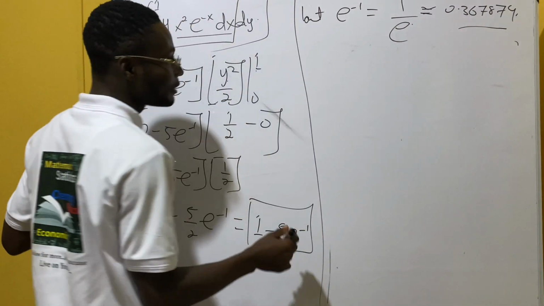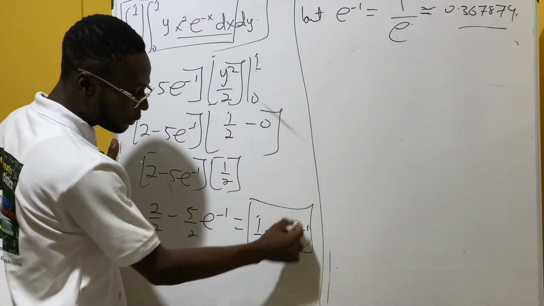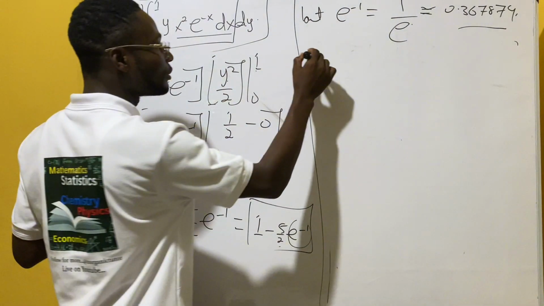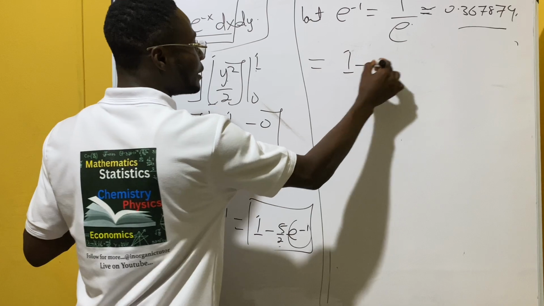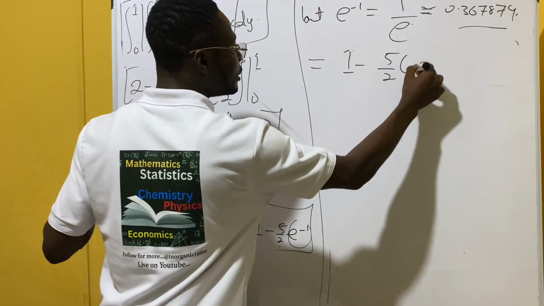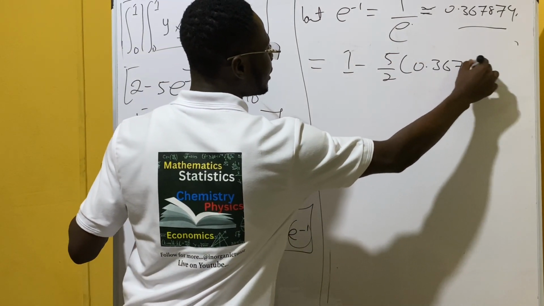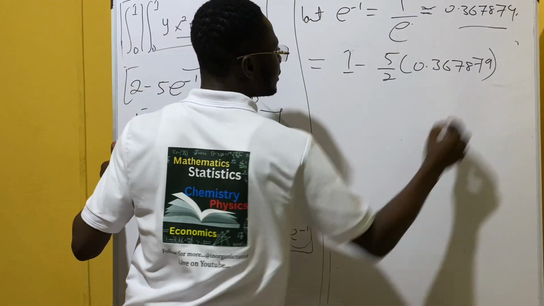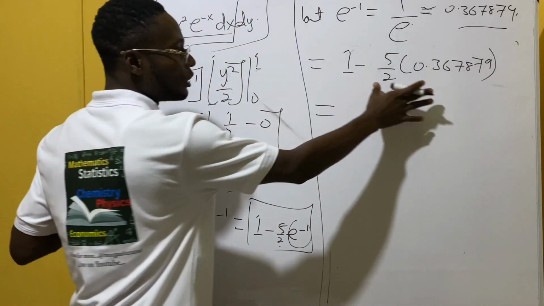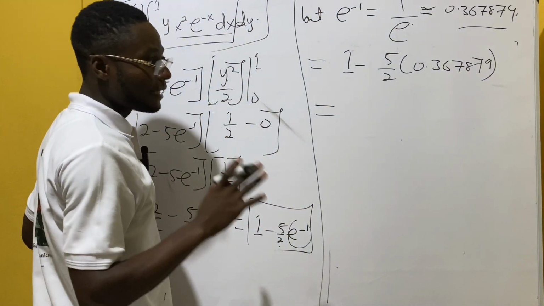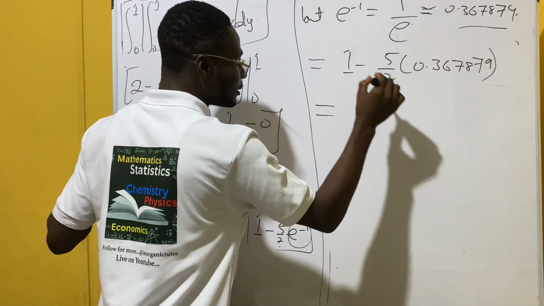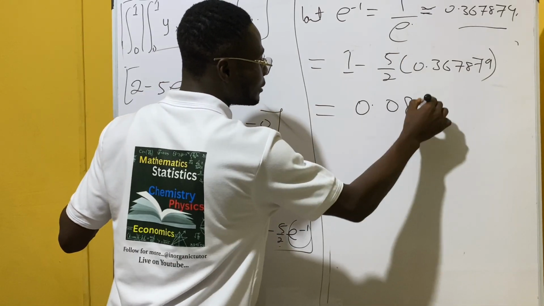We multiply that by this, so we have 1 minus 5 on 2 into 0.367879. When you evaluate this, you're going to have approximately 0.080.